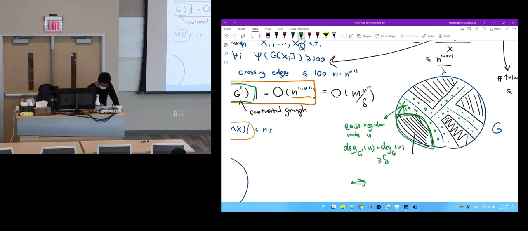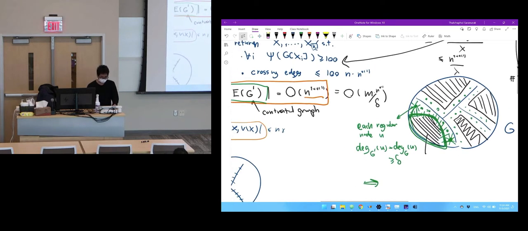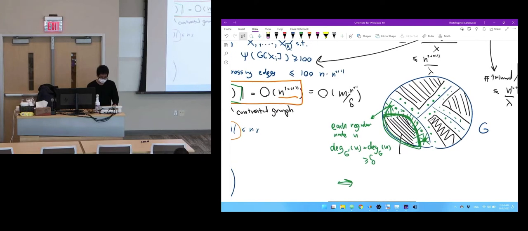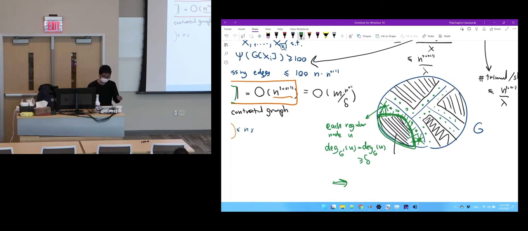I know that this supernode becomes one node, and it must have the number of edges going out of it at least lambda. This guy is a cut as well, so the number of edges going out of it is at least lambda. So the number of nodes is at most n over lambda.